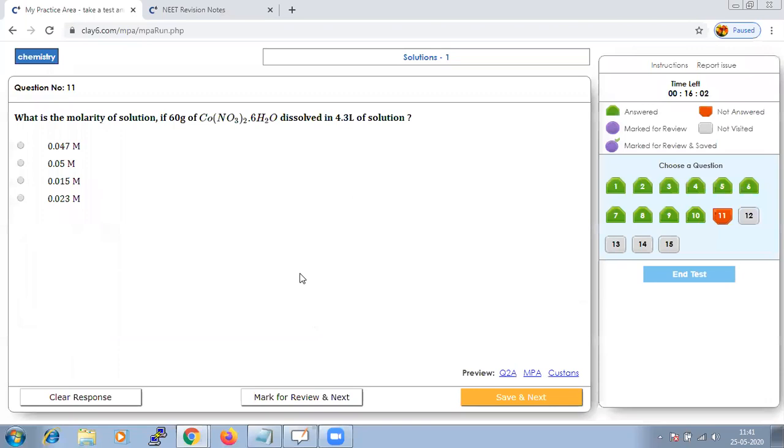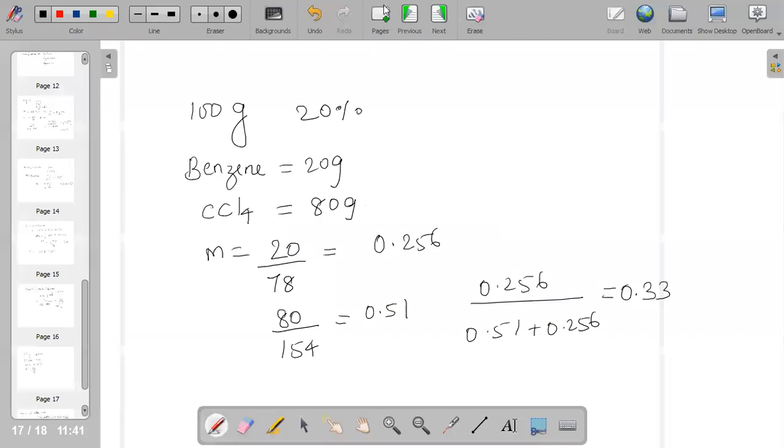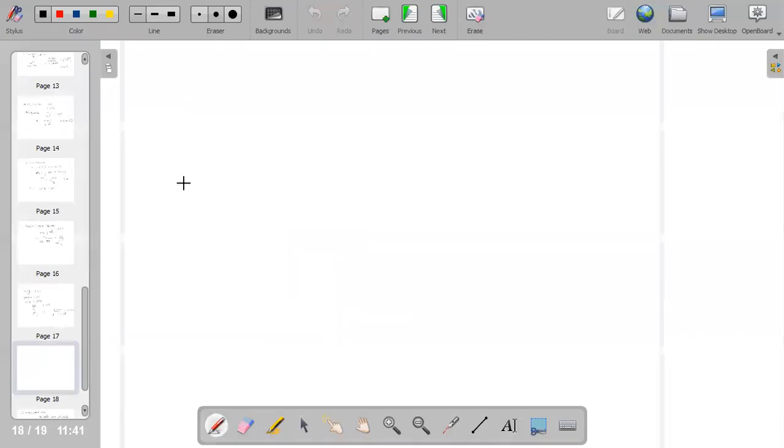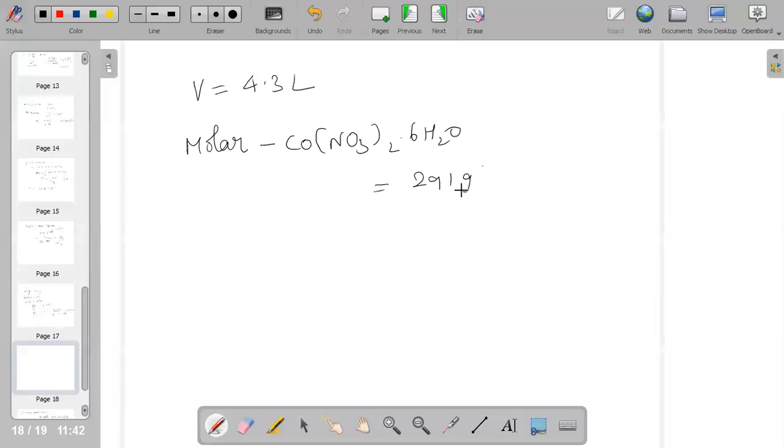Given volume is 4.3 liter. And if I calculate the molar mass of the given compound, Co(NO3)2·6H2O, you will get it around 291 gram per mole.